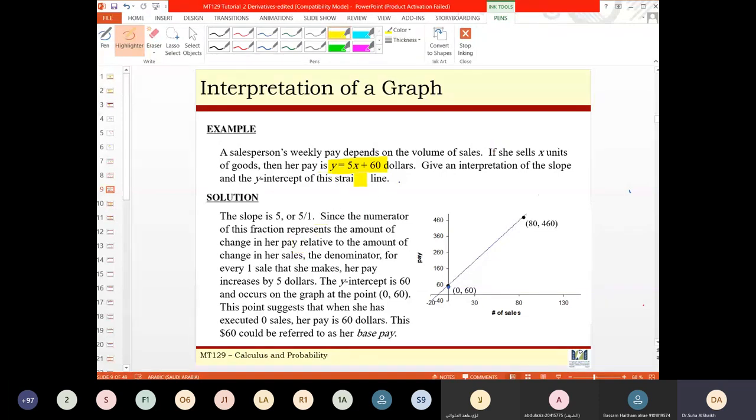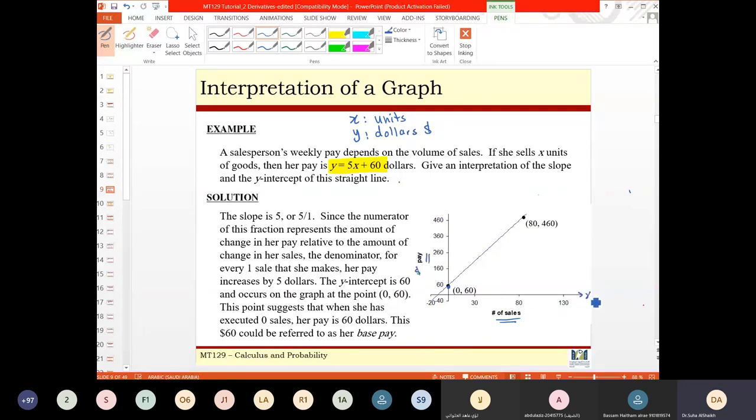So they give me here the equation of a line which is y equal to 5x plus 60. الإيكويشن هذه تعطيني relation between two things. الx اللي هي اليونتس، الوحدات اللي هي بعدها، والy اللي هي الدولارز، الباي الماني that she will get. صح ولا لا؟ And you can see it هنا number of sale اللي هي اليونت، وهنا الباي اللي هو الدولارز that she will get paid.